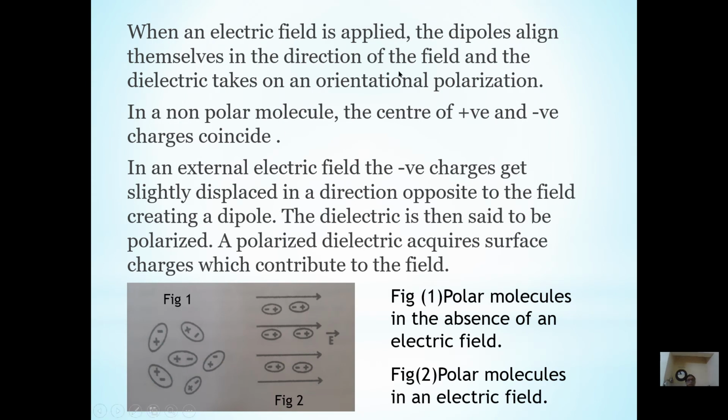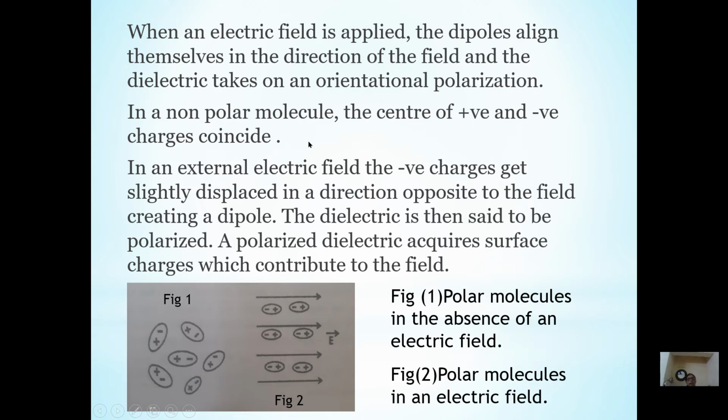So when an electric field is applied, what happens to these dipoles? They will tend to align themselves in the direction of the field, and the dielectric takes on an orientational polarization. In case of a non-polar molecule, the centers of positive and negative charges coincide. Hence, the dipole moment is 0 in case of a non-polar molecule.